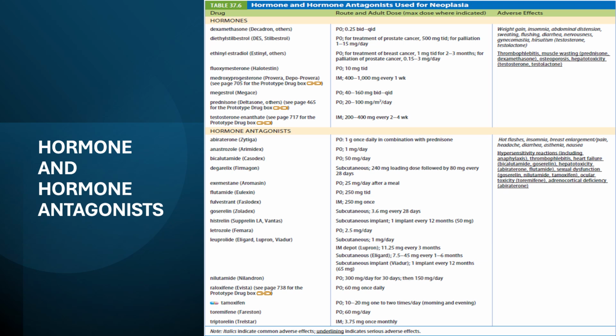These drugs block estrogen receptors on breast cancer cells and slow tumor growth. The SERMs are also used to prevent osteoporosis. Raloxifene is a prototype drug for this indication.